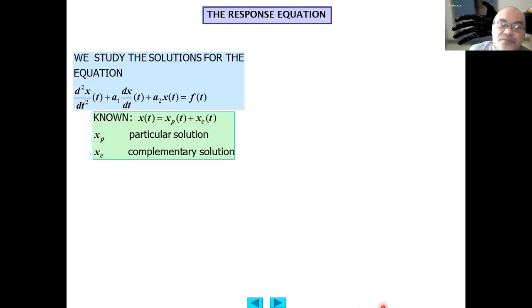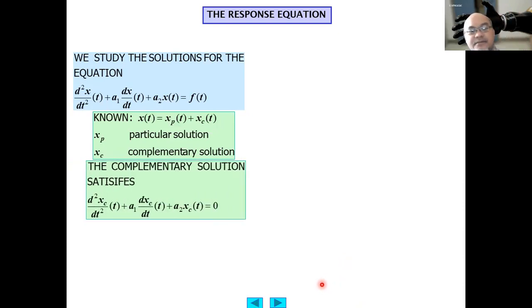So the solution can be described as x(t) = xp(t) + xc(t), where xp is the particular solution, from the boundary conditions that are given in that particular problem. xc is the complementary solution. The complementary solution should satisfy the homogeneous condition where the forcing function goes to 0.